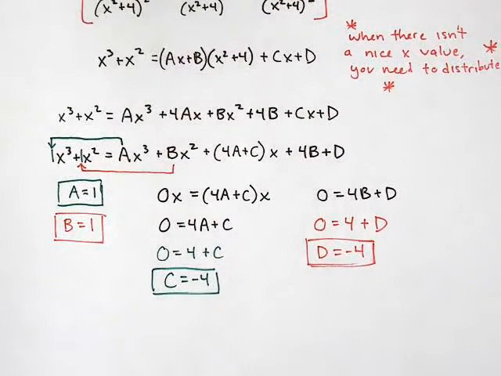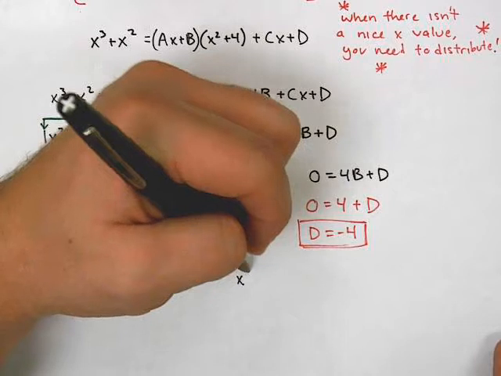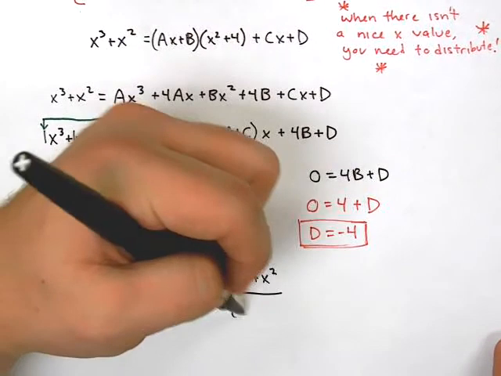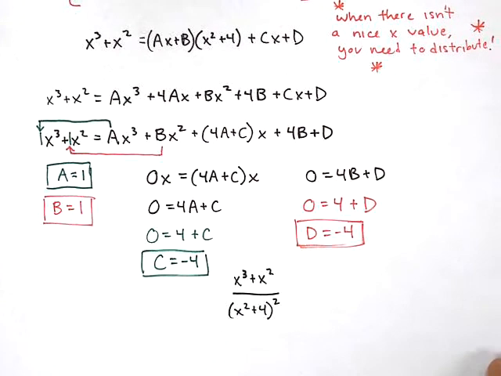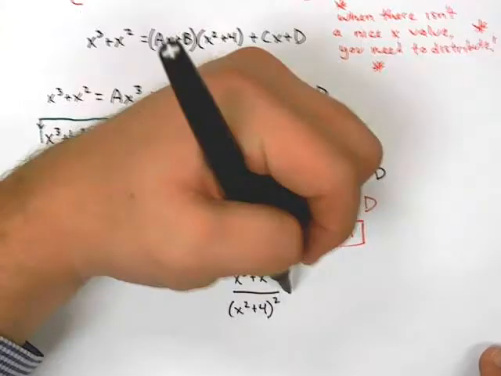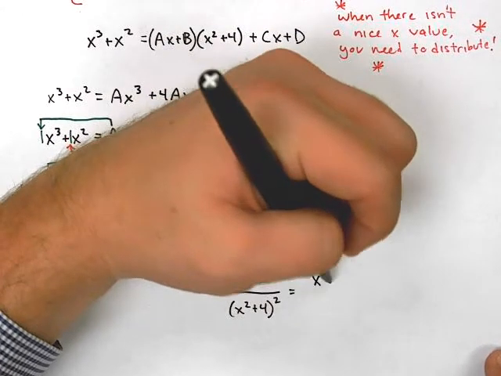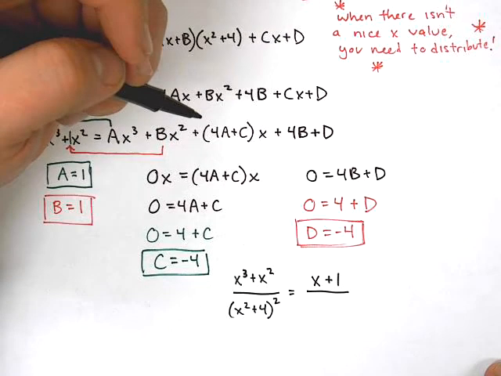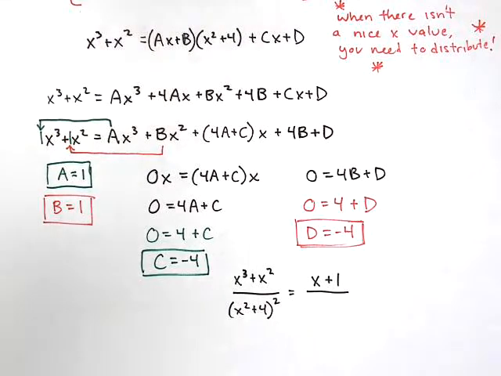And now I just plug in to the original. So again, we write the original problem. And then we just plug in our a, b, c, and d values. So a was 1, so I'm just going to have x plus 1 over, where am I at? Sorry guys, I lost my place. Oh, okay.